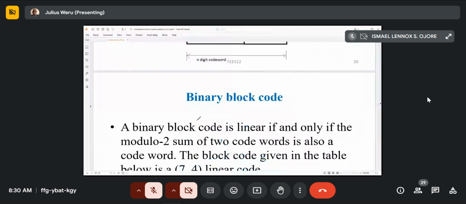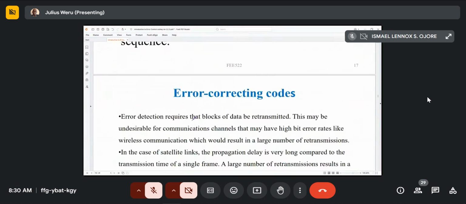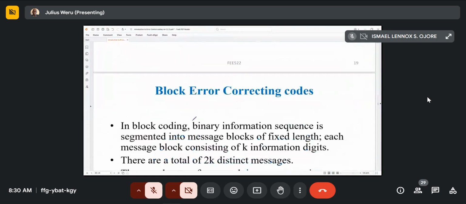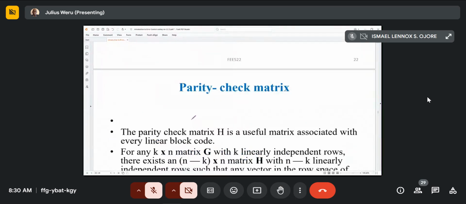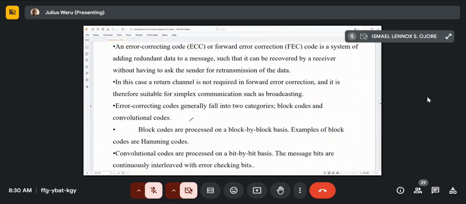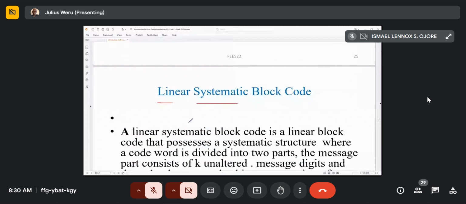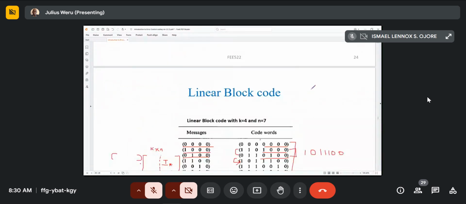Now, so you have created your code words. I hope by now everybody has seen how we are creating the code words. It's simply multiplying the message with the generator matrix. So in this case, to get this, you multiply this with this generator matrix.